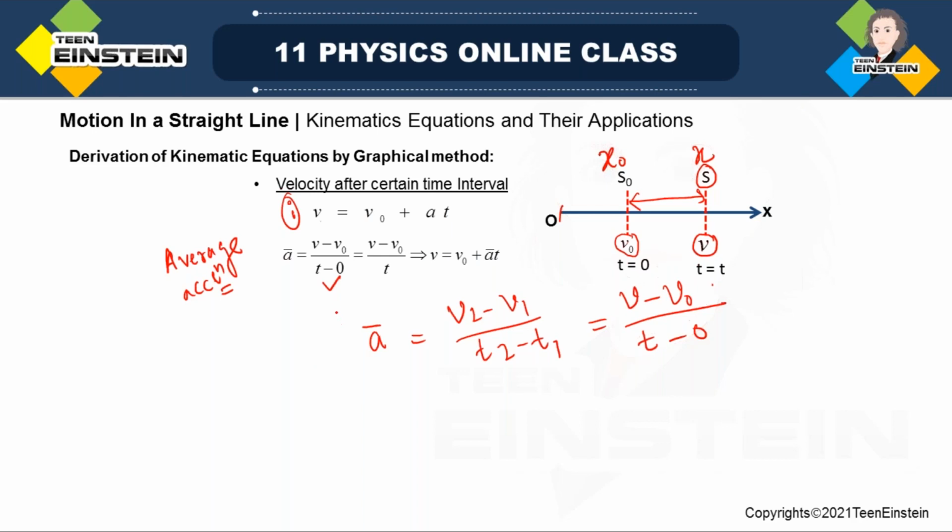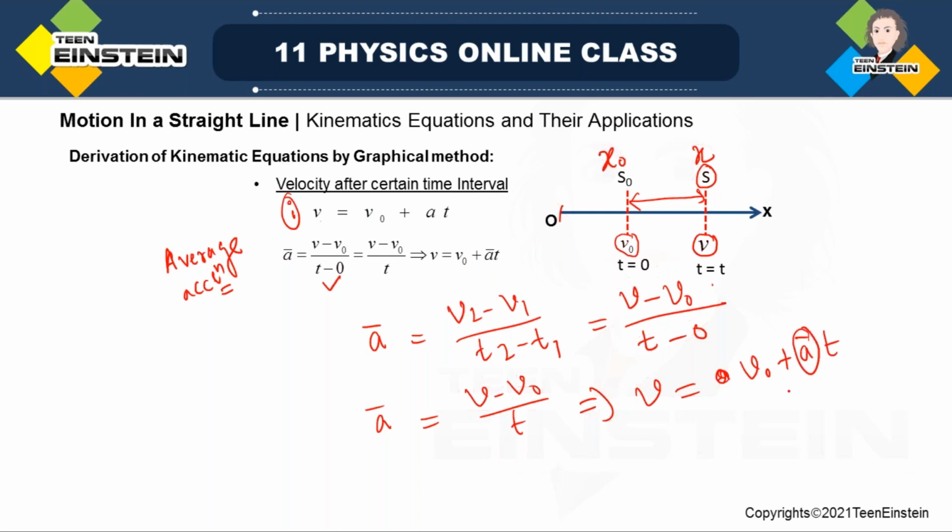So this is what has been written over here. From here what we get is a_avg = (v - v0)/t, and from here you can find the final velocity: v = v0 + a_avg t.